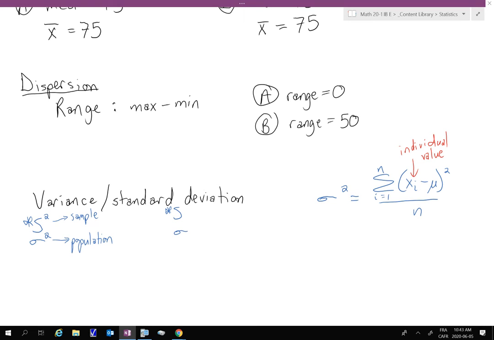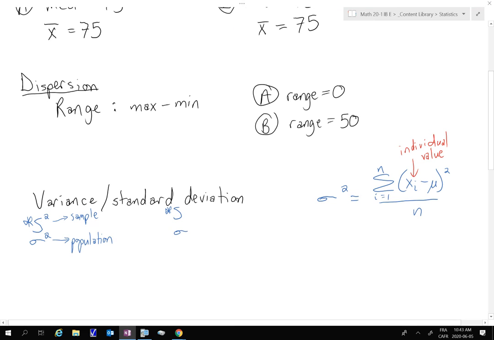So for A, for my first distribution here, essentially the variance is each value, which is always 75, minus the mean, and there's 6 of them, so 6 times that, squared, divided by 6. Well, 75 minus 75 is 0.